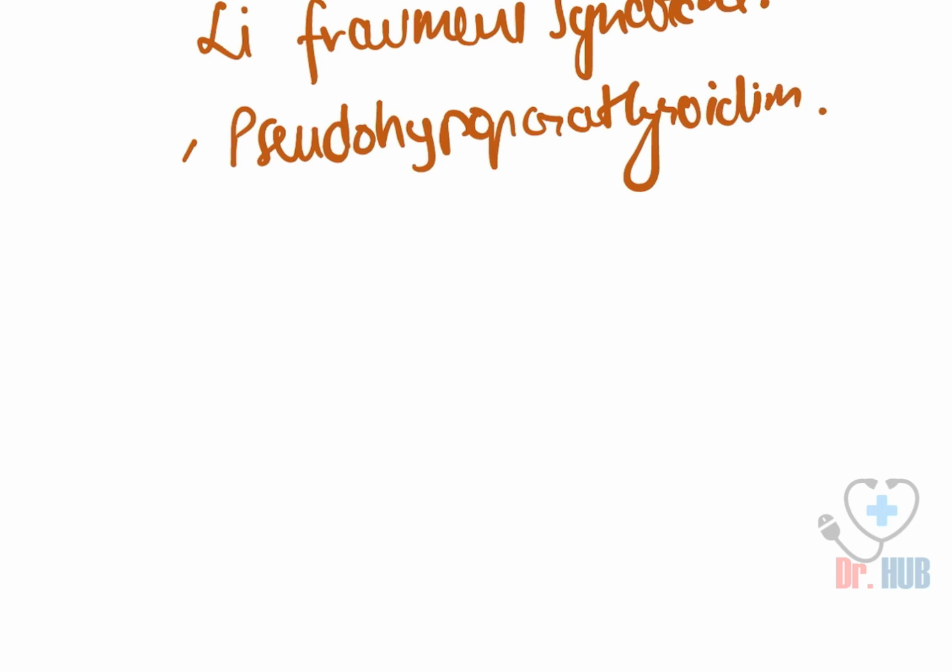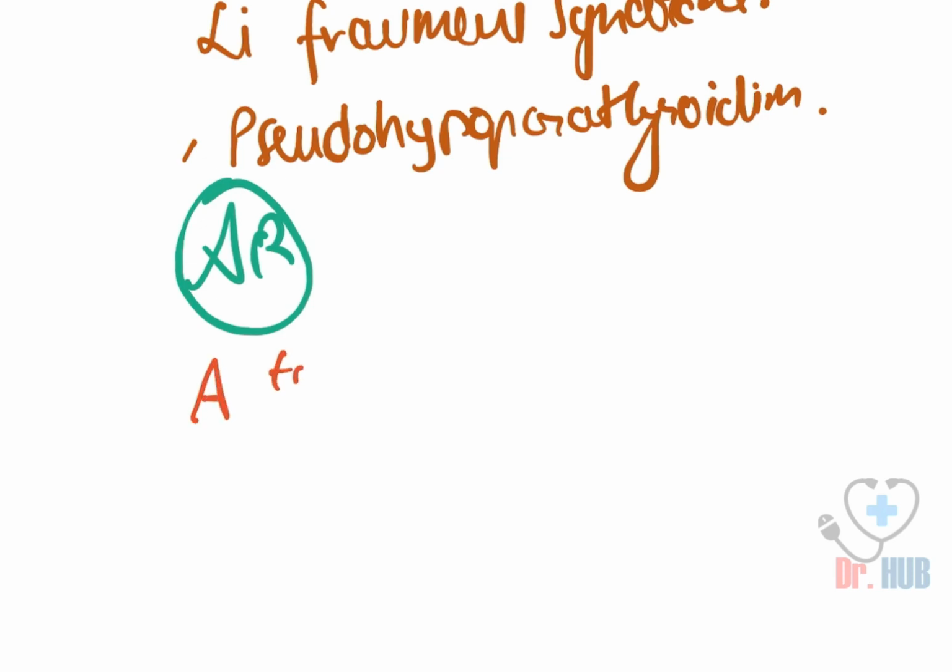Next, we move on to the AR, that is the autosomal recessive. So here there is a beautiful mnemonic, that is A to I, that is A B C D E F G H I. So that is a mnemonic.